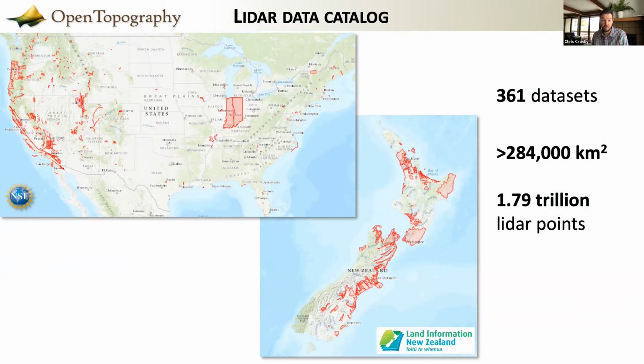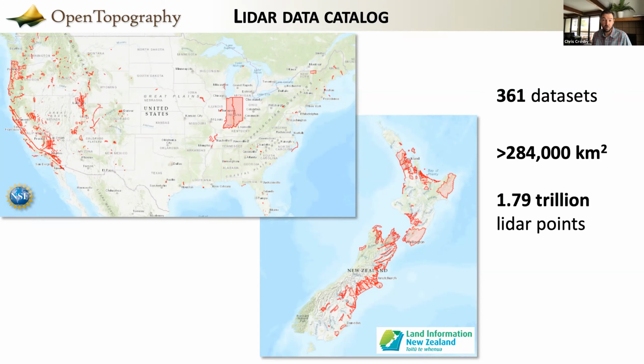Their national LiDAR program looks a lot like 3DEP. It was modeled after 3DEP. It has very similar documentation and formats and everything. So all those data are ending up in OpenTopography over the next 5 or so years. And so we actually have great coverage in New Zealand, which is nice.